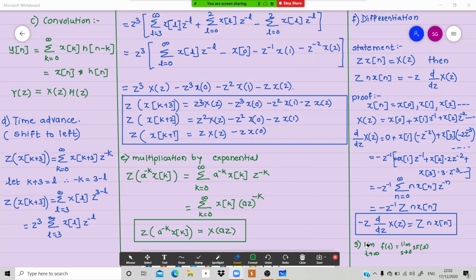On the same line, the final value theorem over here says limit k tending to infinity f of k is equal to limit z tending to 1 of (z minus 1) F(z).